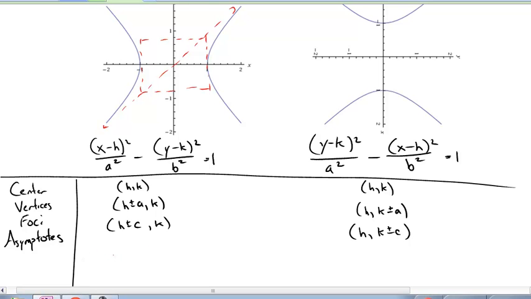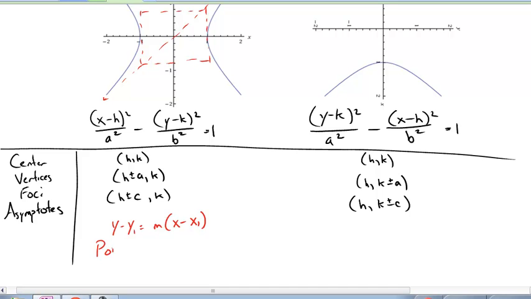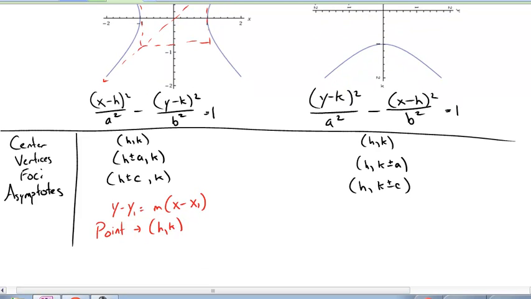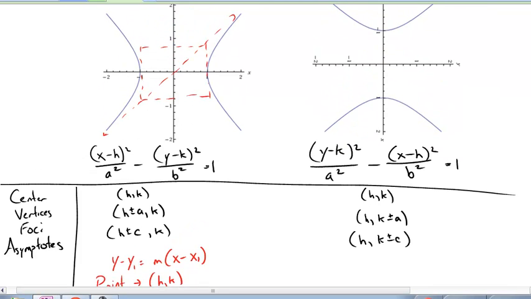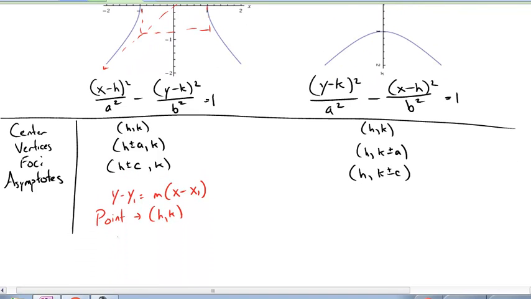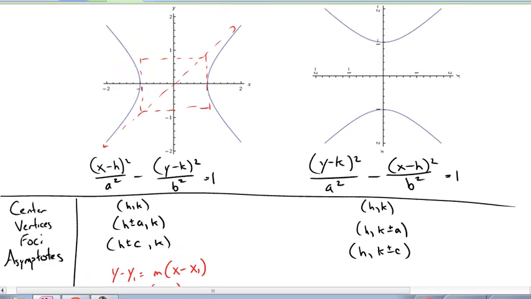And so if I'm thinking about point slope form, I want y minus y1 equals m times x minus x1. And I have a point. Those asymptotes always go through the center, h, k. And the slope of those asymptotes is defined by that central rectangle, where we're going to go up b and over a. So the slope is b over a for the line that I've drawn here inside the picture.